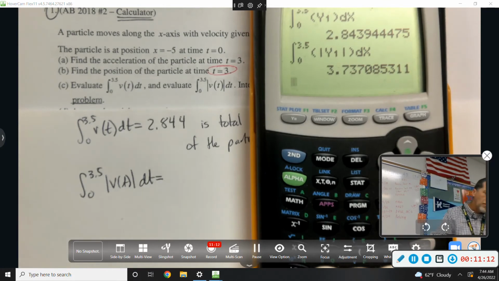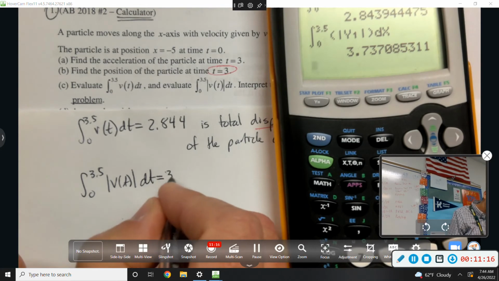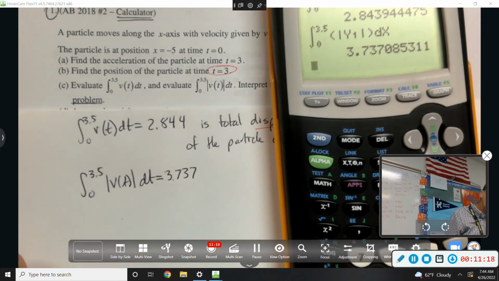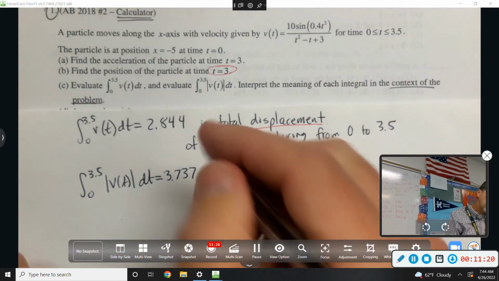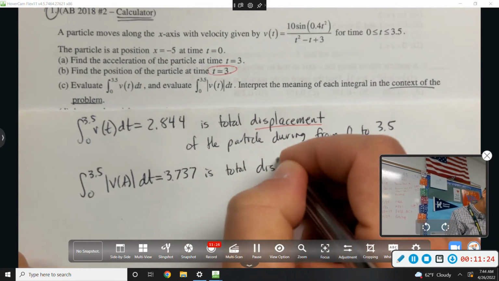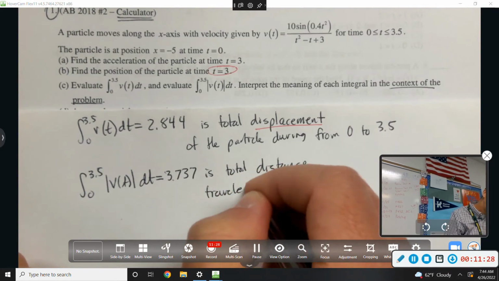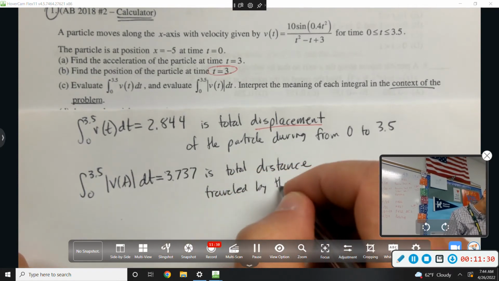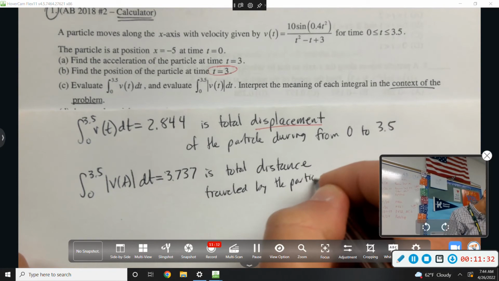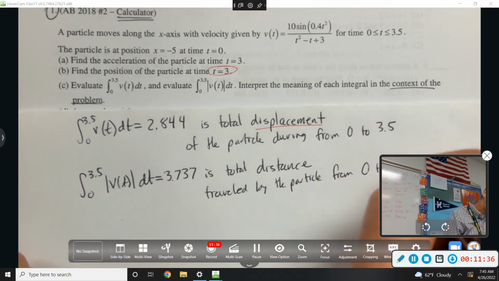3.7. So I'll buy that. 3.737 is the total distance traveled by the particle from 0 to 3.5.